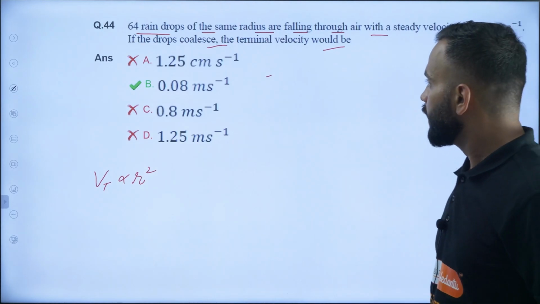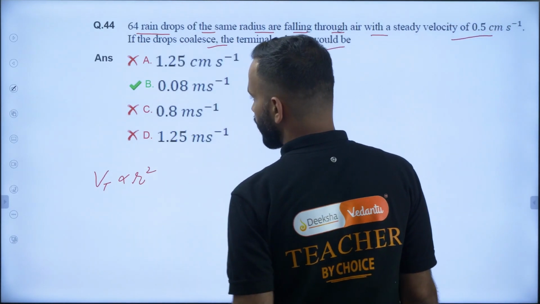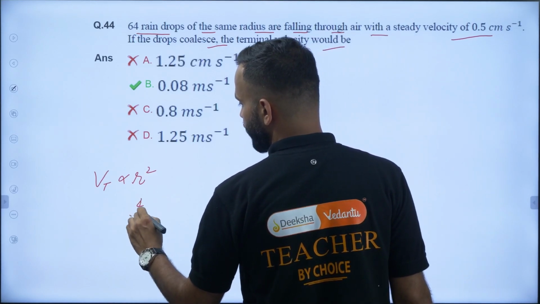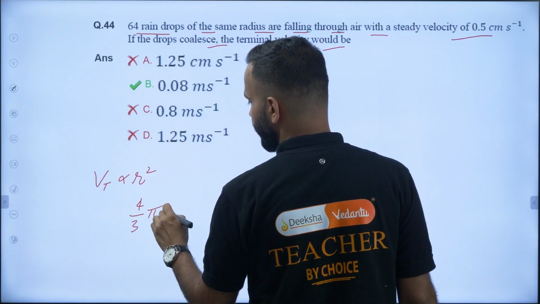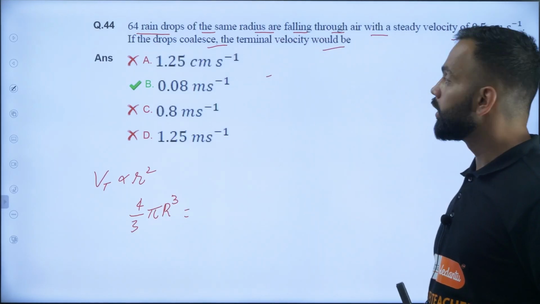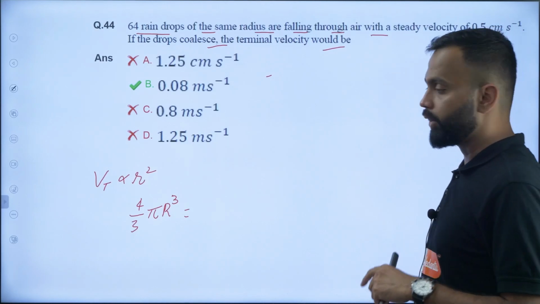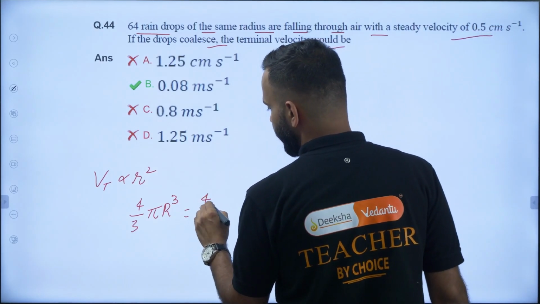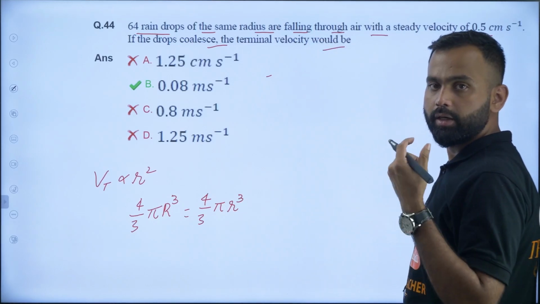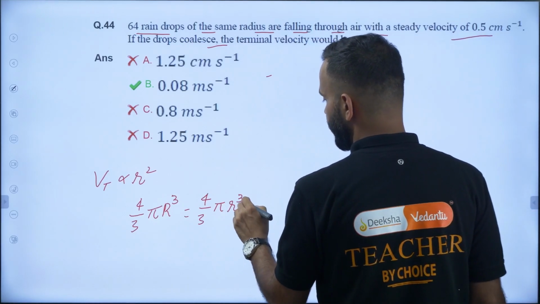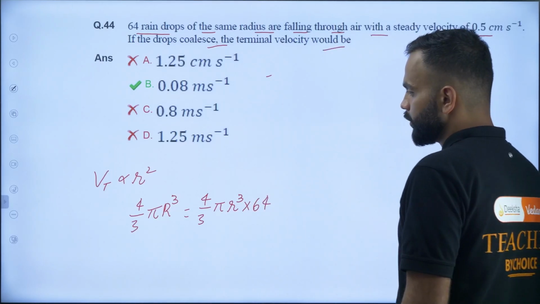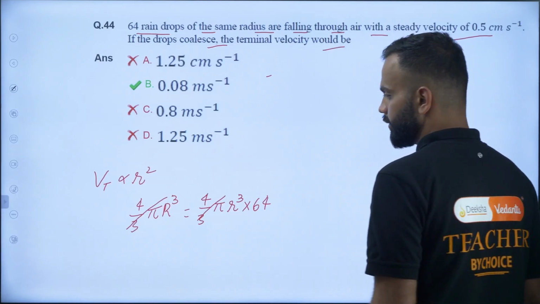Now the radius of the bigger drop is capital R. Volume of the bigger drop is 4 by 3 pi R cube, which is equal to the volume of the 64 raindrops, that is 4 by 3 pi small r cube, where small r is the radius of the small drop, into 64. So 4 by 3 pi will get cancelled.